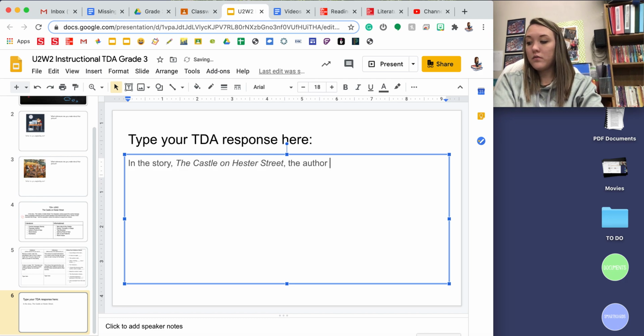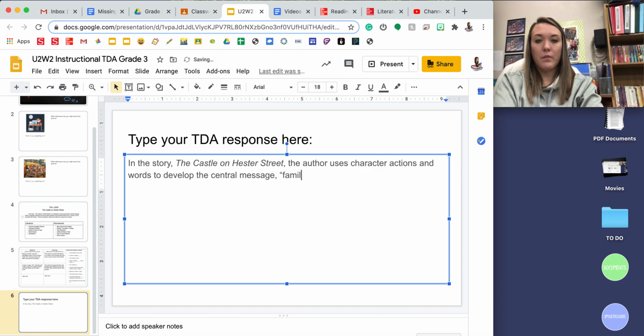The author uses character actions and words to develop the central message, family is more important than things.